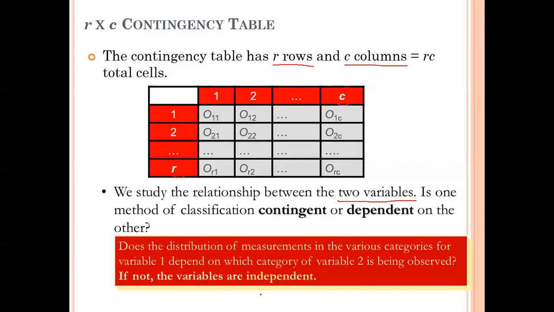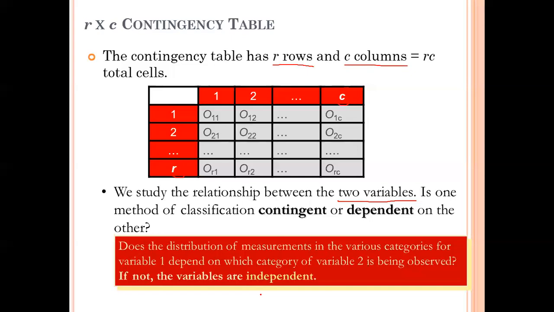If our test shows that the two variables are independent, it refers to the situation where there is no significant relationship between the two variables.